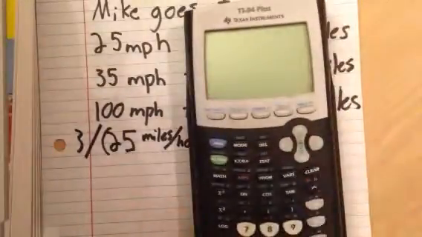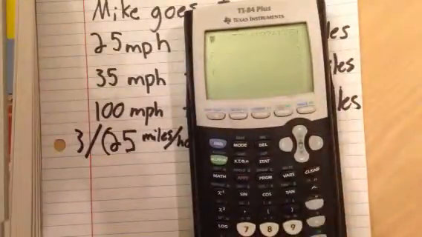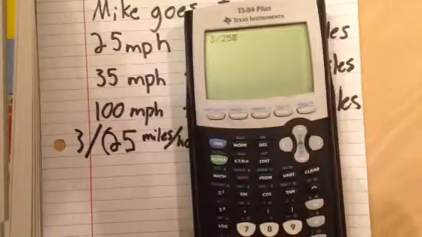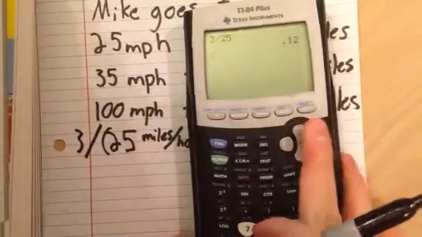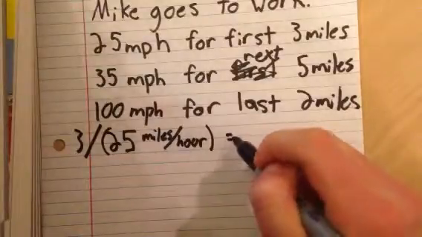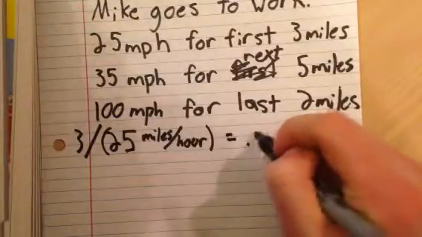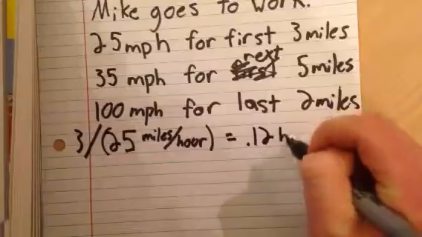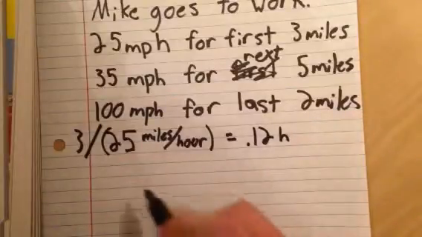We put that in our calculator. 3 divided by 25 is going to give us 0.12. And this is in terms of hours, so we get a time of 0.12 hours that he spends at 25 miles an hour.